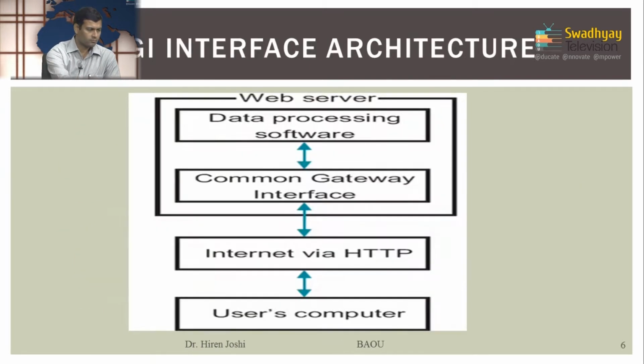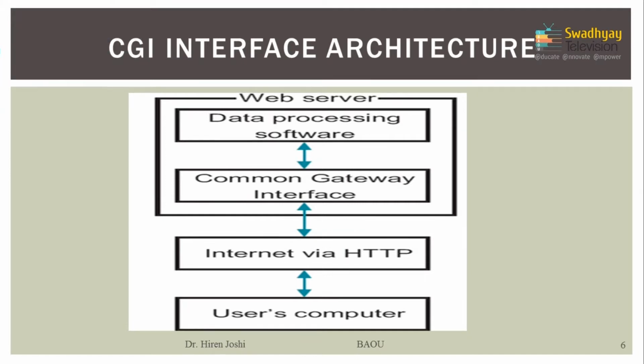If we look at the architecture of CGI, there will be a web server which has data processing software and CGI, and there will be bidirectional communication between the data processing software and CGI. Now CGI can communicate with the internet through HTTP. So, again it is bidirectional, the internet can communicate to CGI in the web server, and through the internet the user's computer is again communicated in a bidirectional way.